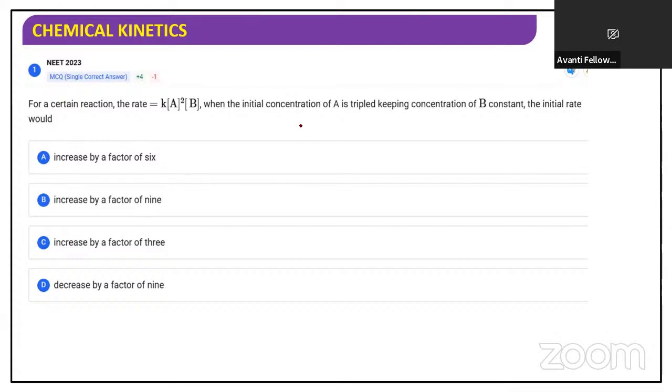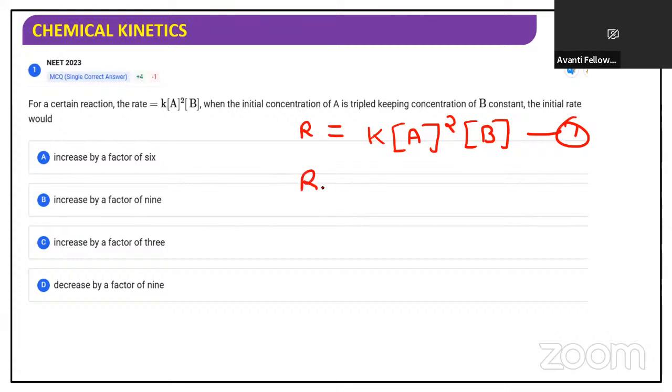ठीक है. So first of all, we have a R. So R is equal to K A raised to the power 2 and this is B. Okay. So this is equation 1. Now let's see the next thing. R1 becomes, they are saying when the initial concentration A is triple. A को triple कर दो. So this becomes triple 3A. Keeping B constant.